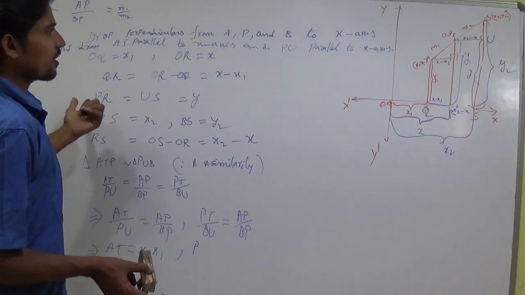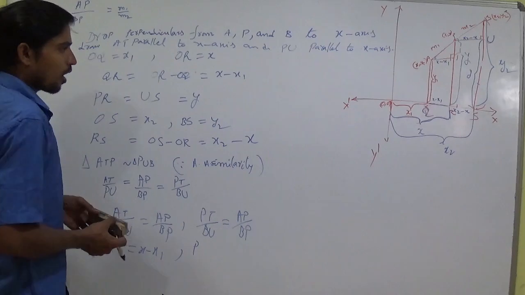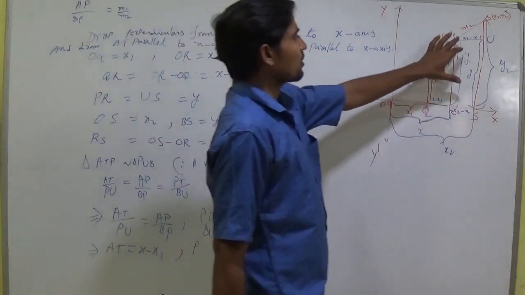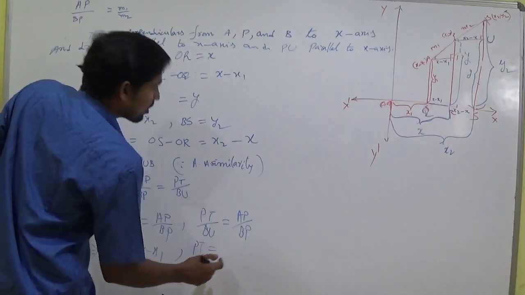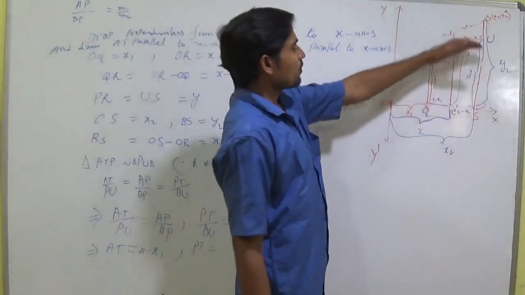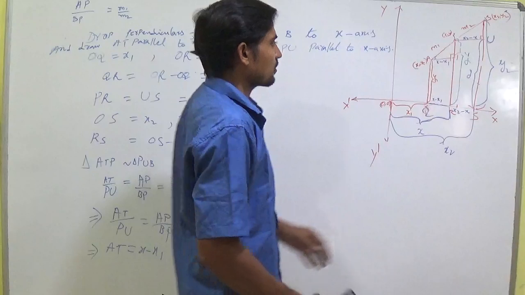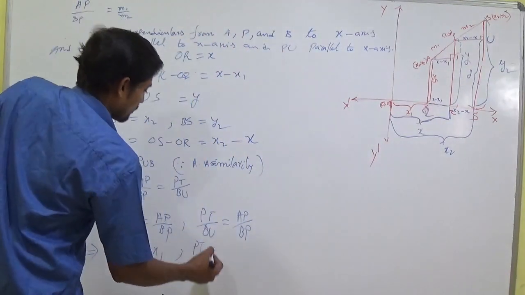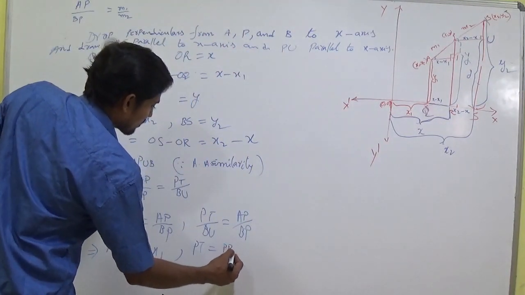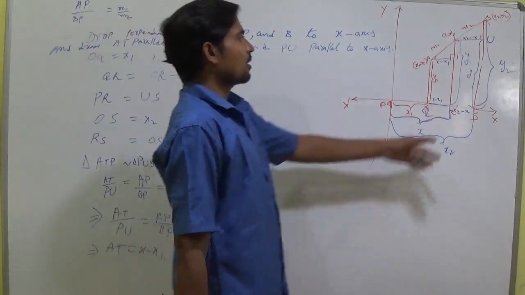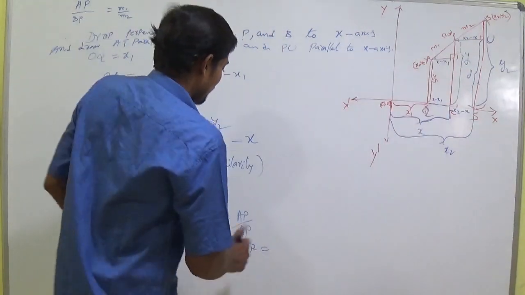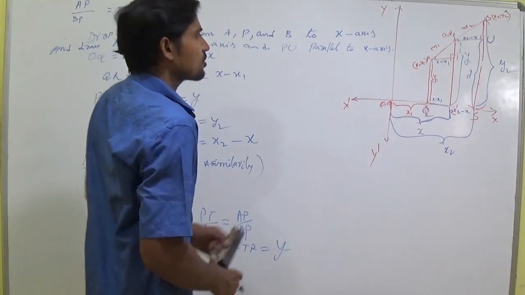Okay, that is Y. Now I want the value of PT. PT is equal to PR minus TR. What is PR here? PR is Y minus TR.